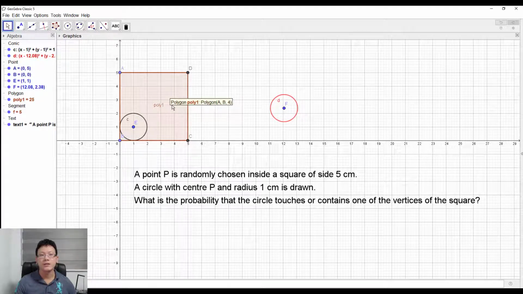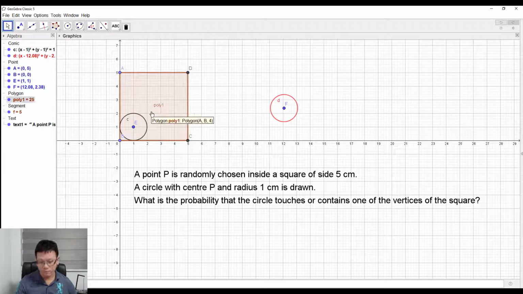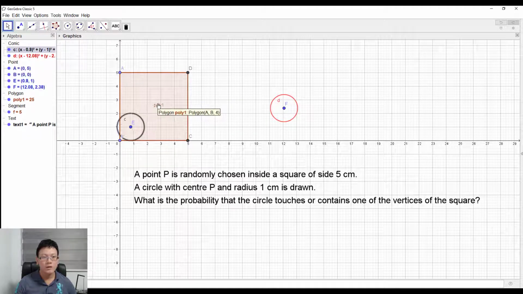Now, as you can see in this configuration, the circumference of the circle is not touching the vertex of the square, but this is the corner where the circle touches the sides. Now, if we move the circle to the left, you can see that it still does not touch the vertex of the square until it hits this point.